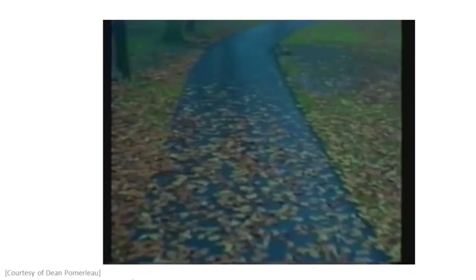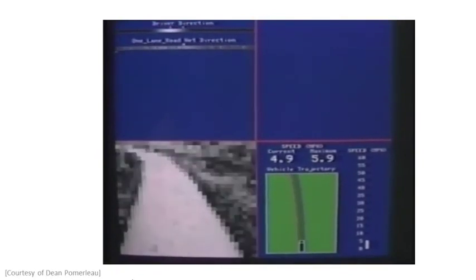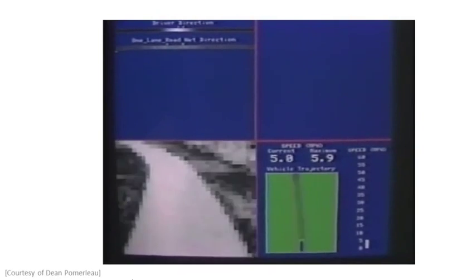This training image is reduced in resolution to 30 by 32 pixels and provided as input to Alvin's 3-layered network. Using the backpropagation learning algorithm, Alvin is trained to output the same steering direction as the human driver for that image.